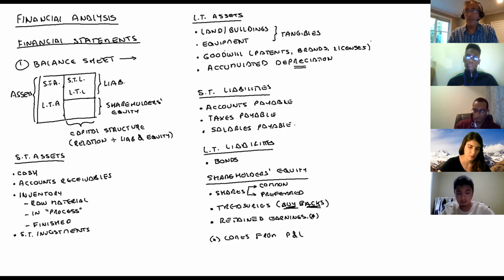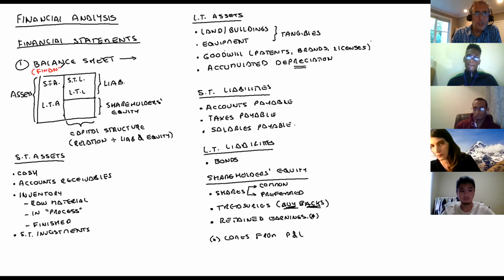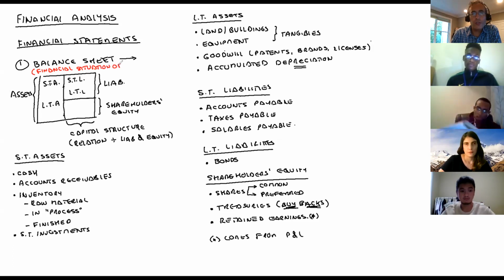Make sense? So let's describe briefly what the profits and losses are. So let me move this somewhere around here. Remember, guys, that the balance sheet, just to remember, let me write this one here, presents the financial situation of a corporation at a given point in time.